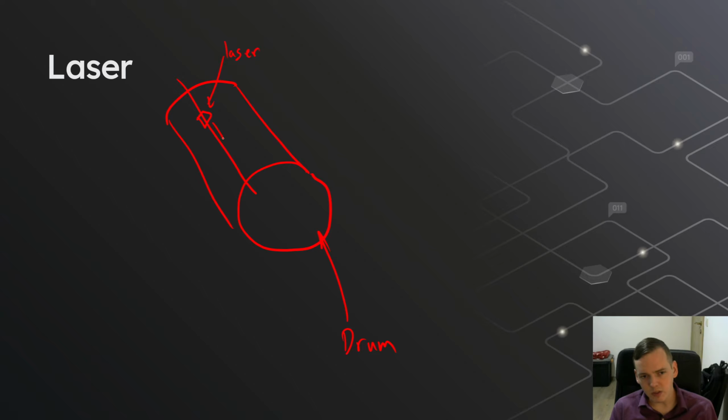And that laser will slide back and forth just like the inkjet printer, but the laser adds electric charge to the drum. So in other words, it prints electrons onto the drum.